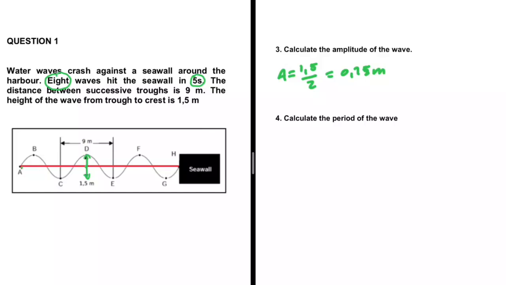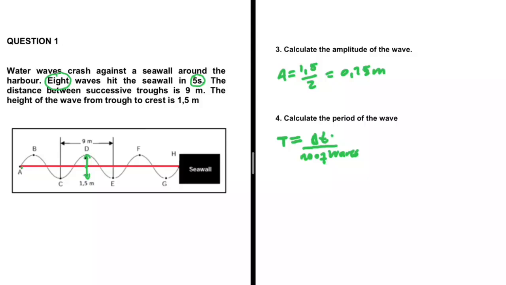But we can say that the period T is equal to the change in time divided by the number of waves. If we use this formula, we're going to get the period. Why does this formula hold? Why is it true? The period is the amount of time taken to complete one wave.